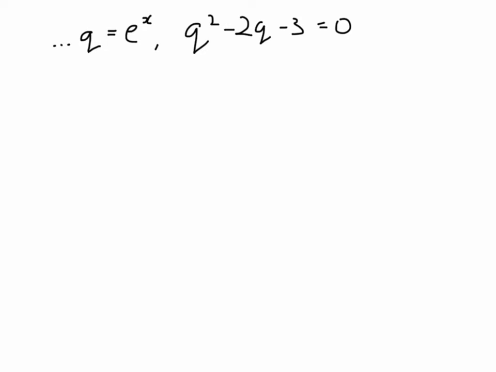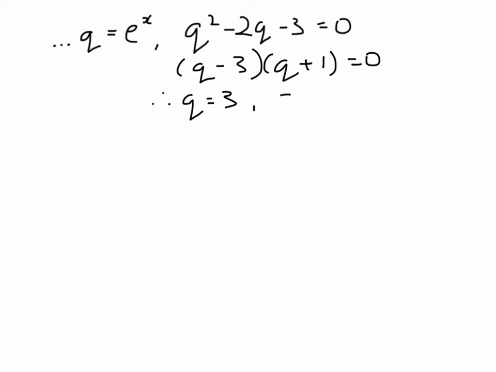So from before we had q squared minus 2q minus 3 equals 0, and that factorizes very nicely to q take away 3 and q plus 1 equaling 0. By the null factor law, you get q equals 3 and q equals -1.